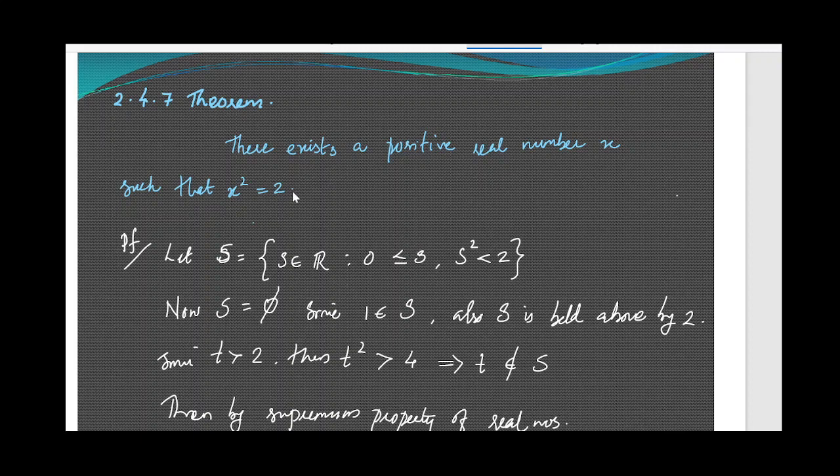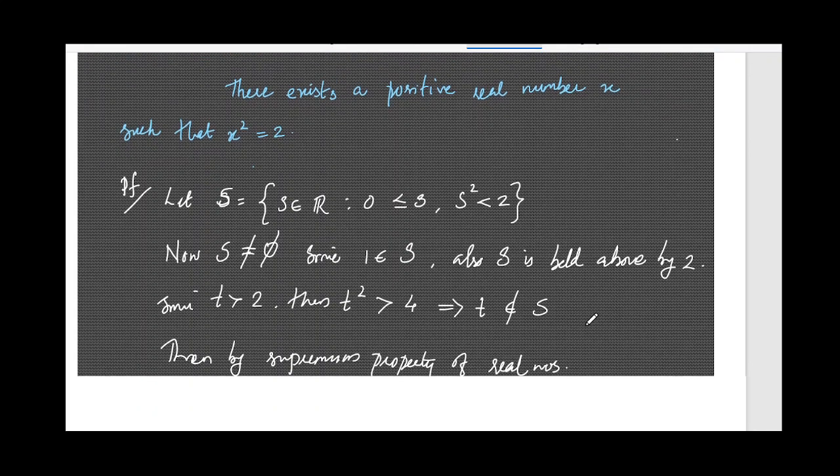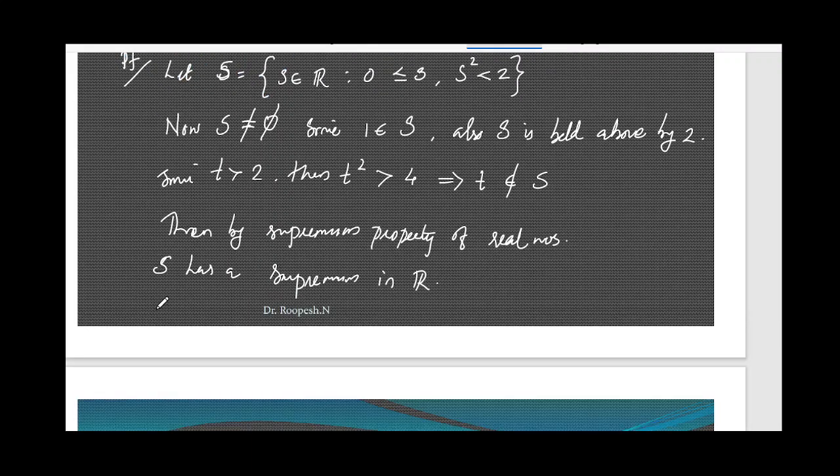Oh, I have written as equal to empty. It is non-empty, right? So S is not equal to empty, and 1 belongs to S. Also, S is bounded above by 2. So this is a bounded above set, then it should have a supremum. And we are taking that supremum as x.